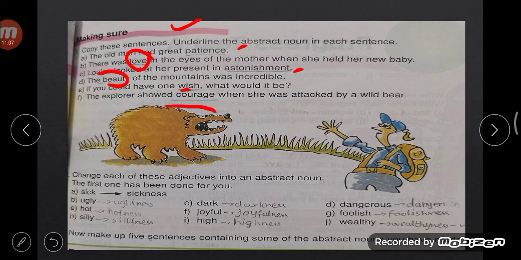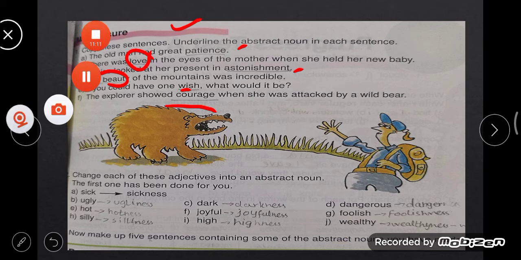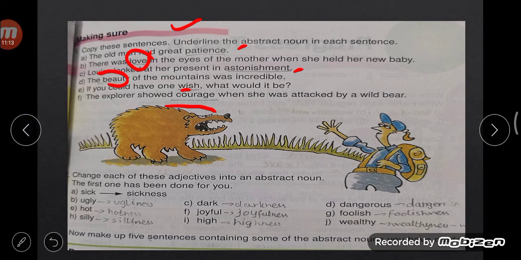Okay? Or for wealthiness, you will also write wealth here. I hope you have done this question as well. Now move to the next part.